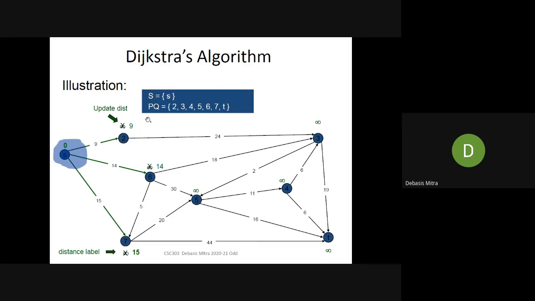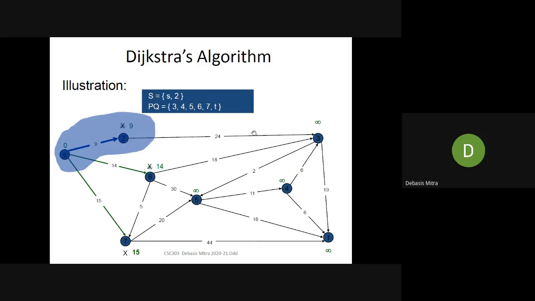Accordingly, the order of the nodes here will change, because node 2 has the minimum d value right now. It is 9, 14, 15. So node 2 will appear at the head. So the next extract min will extract 2 and put it into S. Once I do that, this particular node will now be visible to me, because it is directly adjacent to 2.